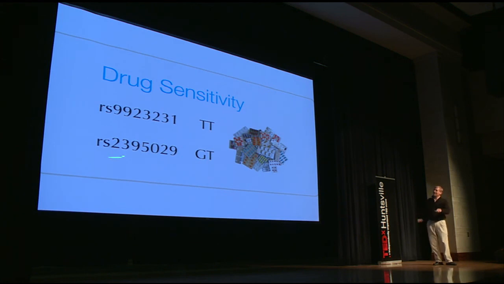Important to know. This one right here, this variant, says that if I'm ever in Europe and I develop a staph infection and they want to prescribe flucloxacillin, I need to run screaming, because this specific genetic variant gives me an 80-fold increase of toxicity in my body if I take flucloxacillin. So this is important information.